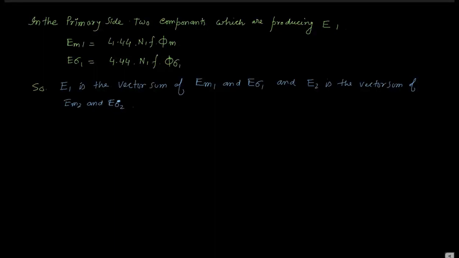So now, if you try to draw the phasor diagram, not the phasor diagram, the equivalent circuit. First you draw the equivalent circuit. So this is the core of the transformer.